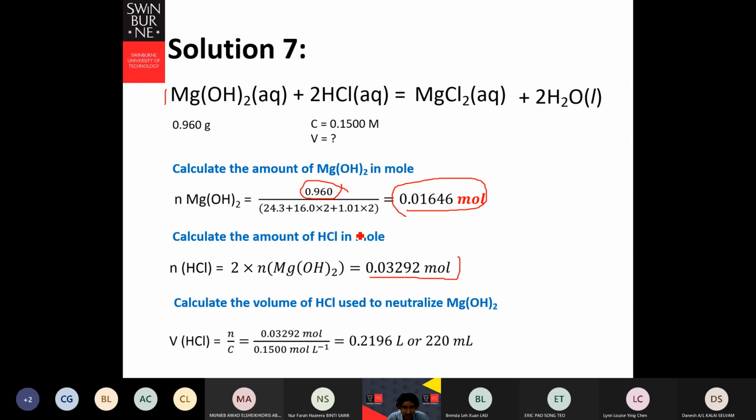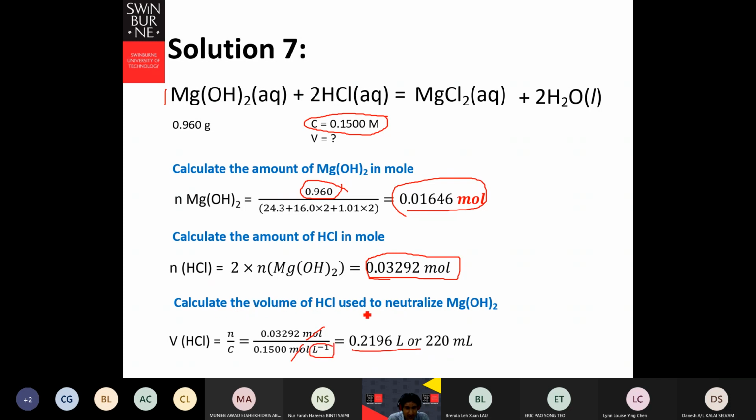And this is the number of moles that will be required of HCl, and the concentration is 0.15 moles per liter. So n = CV, so V = n over C. If we divide these two, mole and mole will cancel out, and only the liter will remain.